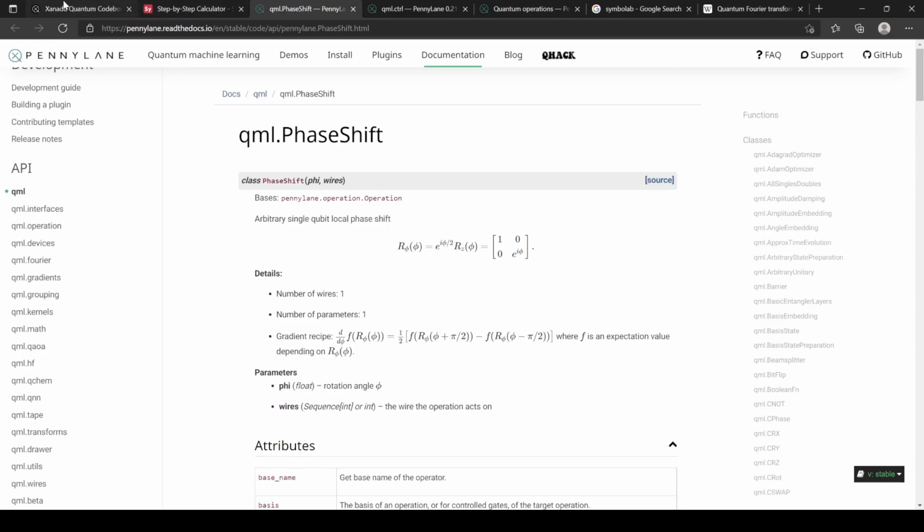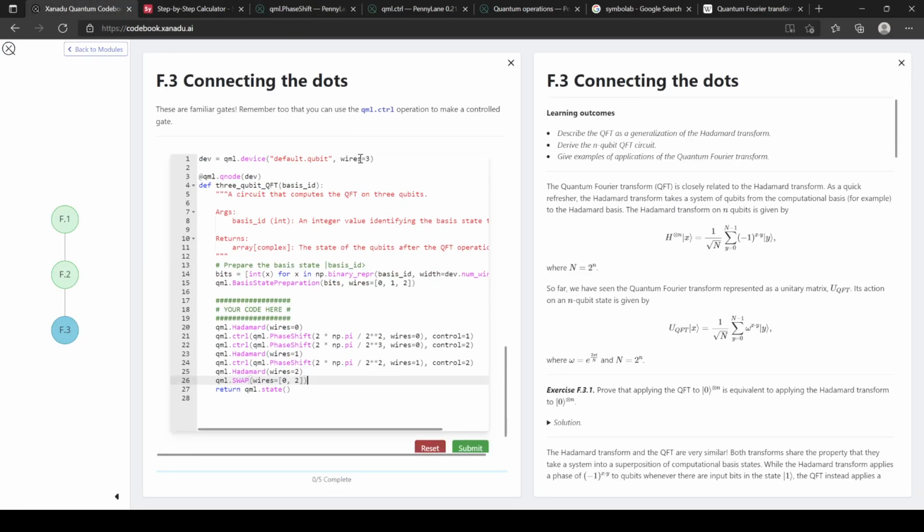So this should be, maybe I'll just type it out explicitly. Maybe something weird is going on in that calculation.